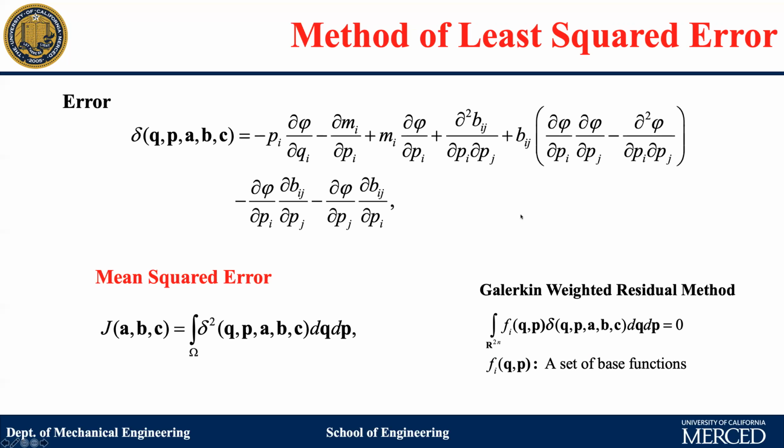That would be the condition, but since it's not necessarily 0, we define the error function by this factor that multiplies the whole p, the rho, actually, the probability density function. This error is in general a function of the state variables Q and P, and also of those undetermined parameters A, B, C.